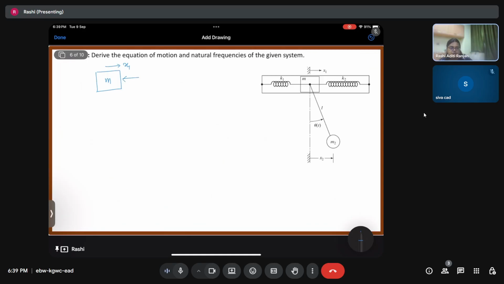In this direction it is going to be k2 x1, and in this direction it is going to be k1 x1. Other than that, because of the pendulum, a force will be applied by the thread or the rod connecting the pendulum bob with the mass m, right? Now that force, we know that for a pendulum like this, we have mg.